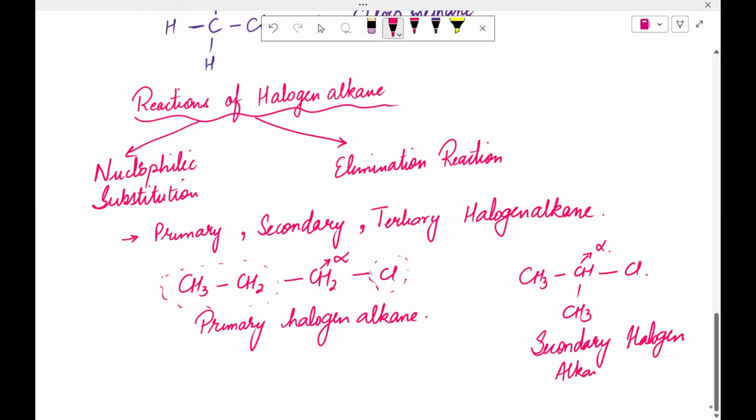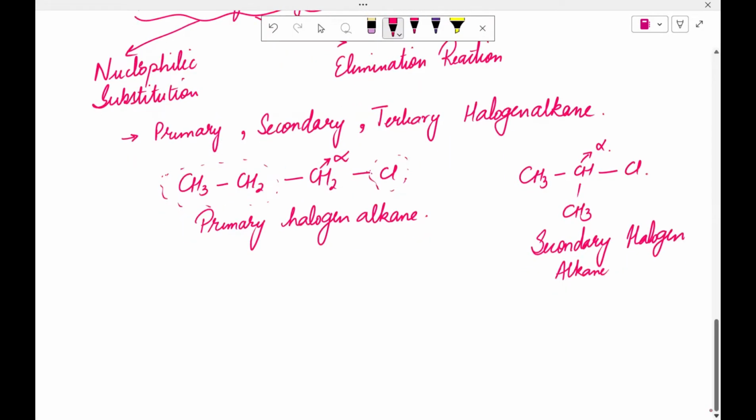Now if we have CH3, C, CH3, Cl, this would be called tertiary halogen alkane, as the alpha carbon is attached with three alkyl groups.